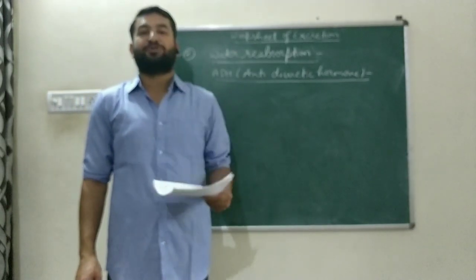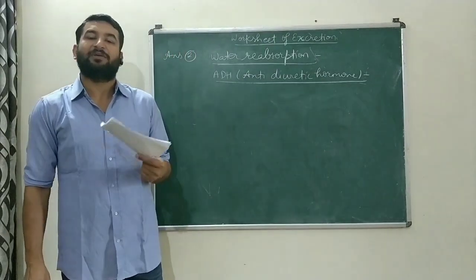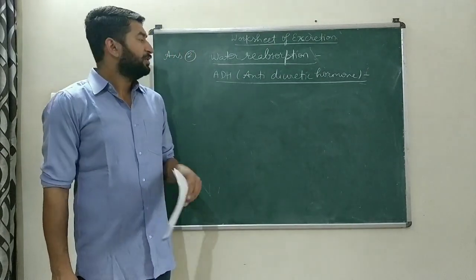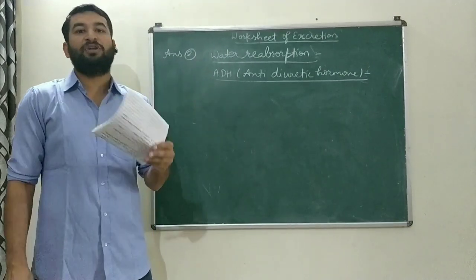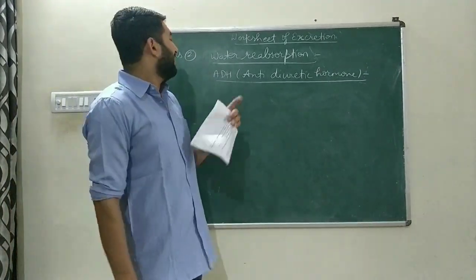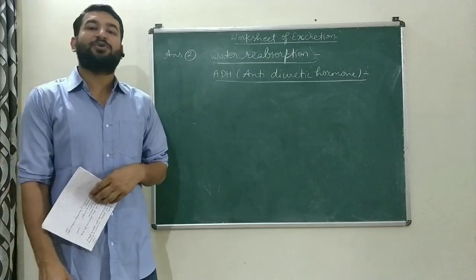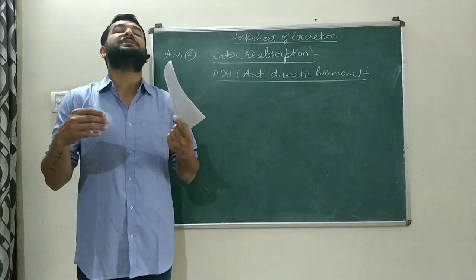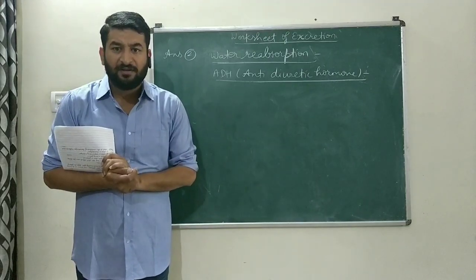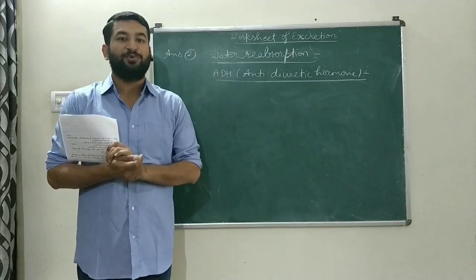By that reabsorption, the amount of urine is regulated. So the answer to that question comprises these 2 points: water reabsorption in the tubular part and ADH, anti-diuretic hormone, which controls the amount of urine by increasing the water reabsorption in the distal convoluted tubule.